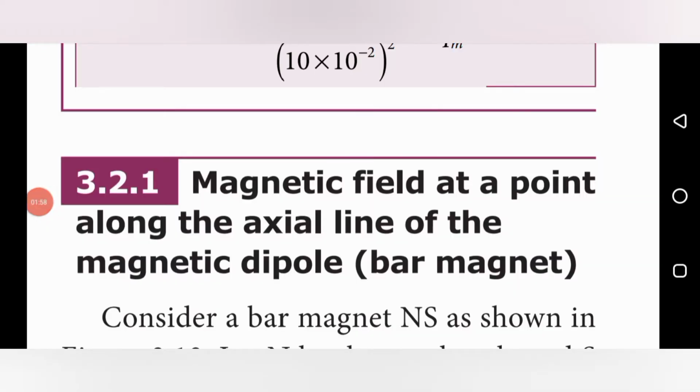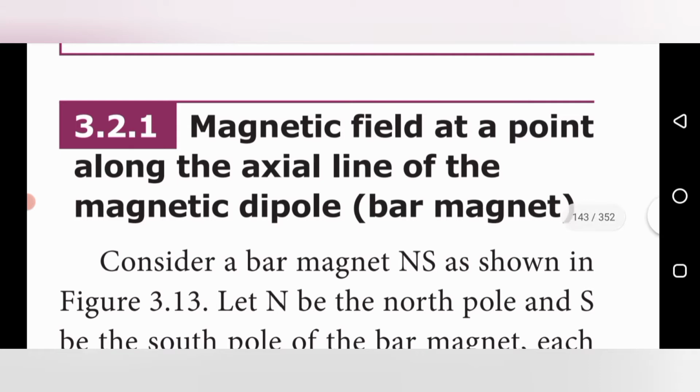Next topic: magnetic field at a point along the axial line of a magnetic dipole, that is, a bar magnet. In the first lesson we also found the electric field at a point along the axial line. That is one of the important 5 marks. Here the same procedure will be followed, and we have to find the magnetic field along the axial line.